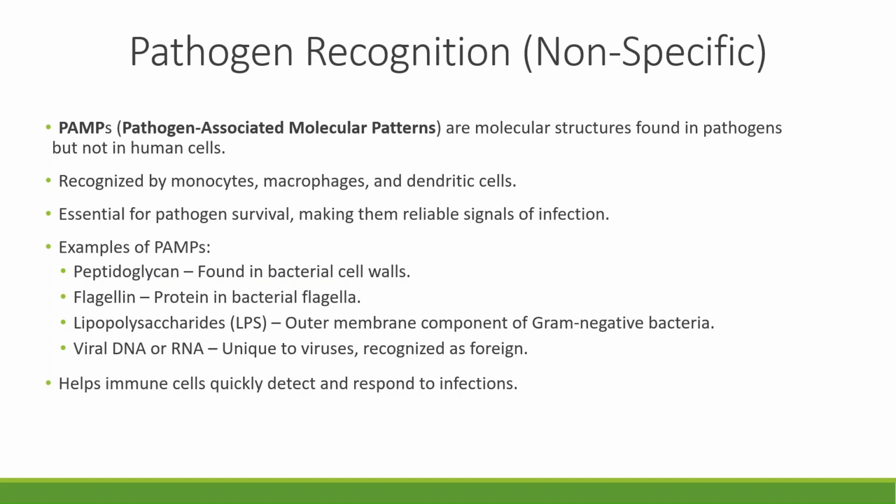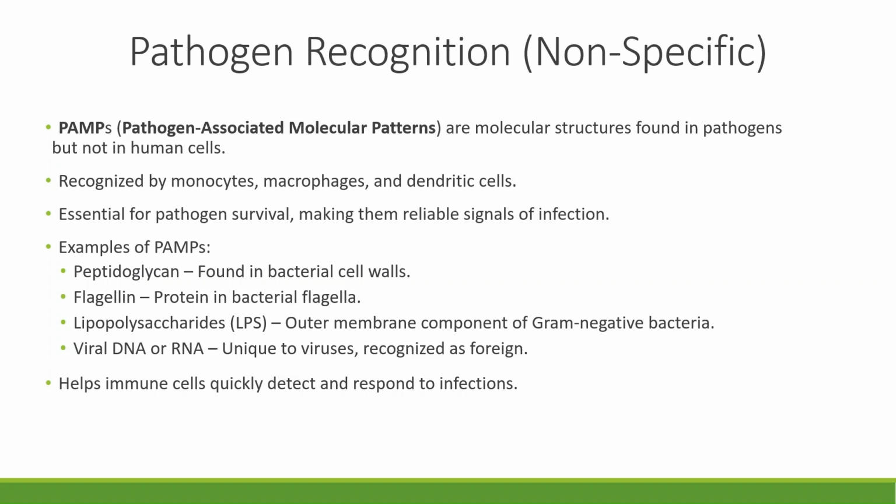Examples of PAMPs, you could probably think of some if you compare prokaryotic cells to eukaryotic cells. It could be peptidoglycan, which is found in bacterial cell walls, or flagellin, a protein found in bacterial flagella. While eukaryotes and prokaryotes can have flagella, this is specific to bacterial flagella.